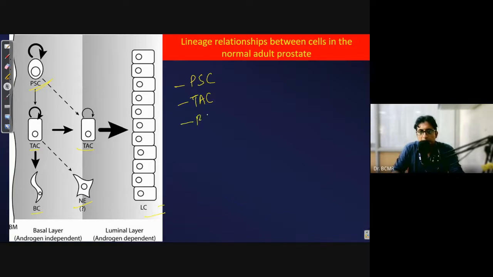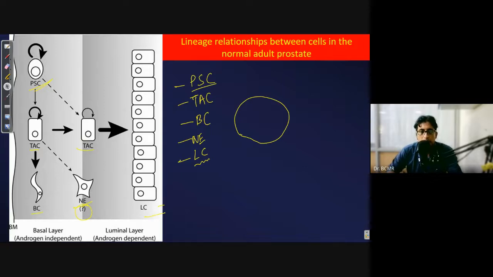Then we have basal cells, which are the outer lining cells attached to the basal lamina. We have neuroendocrine cells, which have a question mark, which means their origins are not really clear. There is a suspicion they may arise from the prostate stem cells. And then we have the vast, abundant and functional cells, the luminal cells.